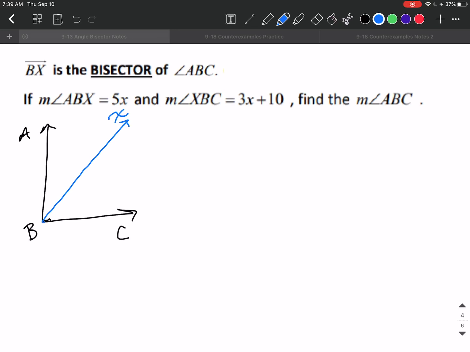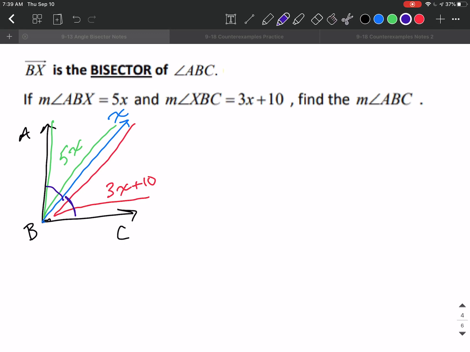Now it lets me know that the measure of ABX, which I'll put in green, is 5x, and the measure of XBC is 3x plus 10. Because of this bisector, I know that both ABX and XBC are going to be equal or congruent to each other.